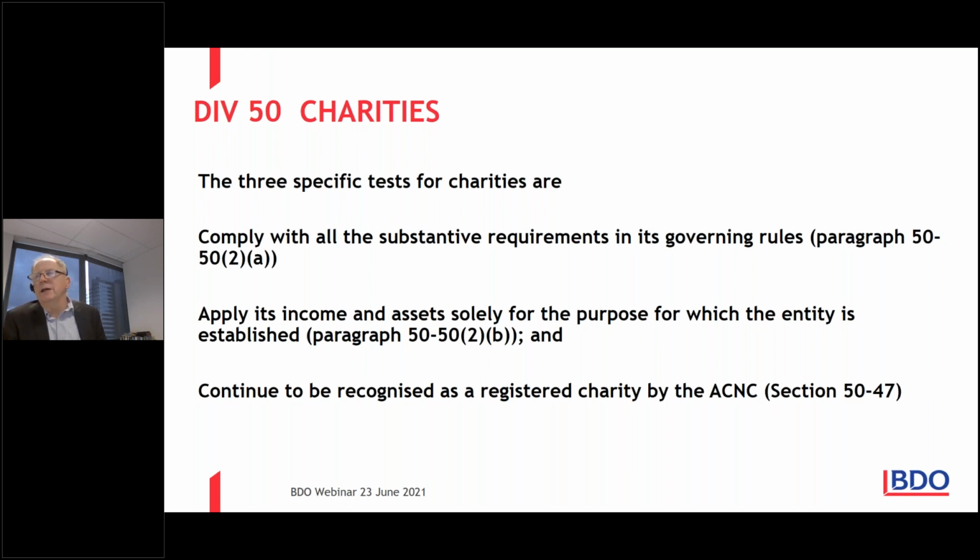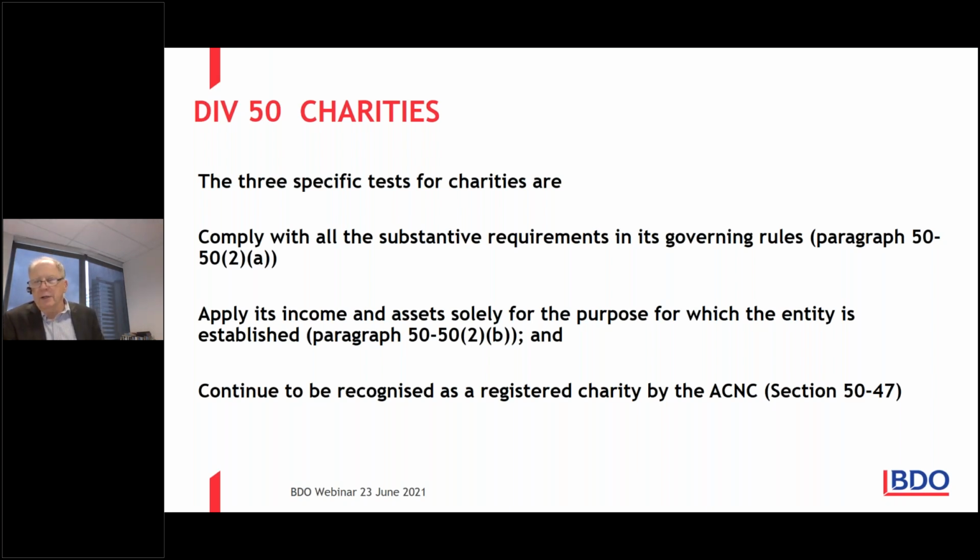And the 50-47, what that says is that if you're a charitable entity and you are not registered as a charity, there is no other section under Division 50 under which you can claim that you are exempt.